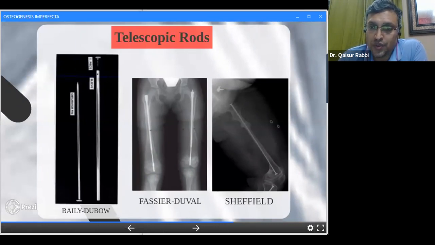It has two screw ends, one female end and one male end. We can go in a retrograde fashion, then put the female end. We need to go through the fracture site or cora of the broken bone, and then we go proximally and distally and put this.